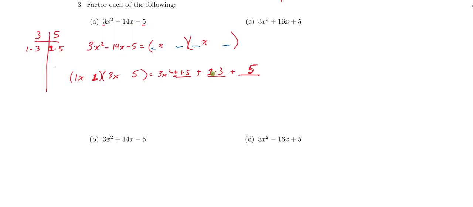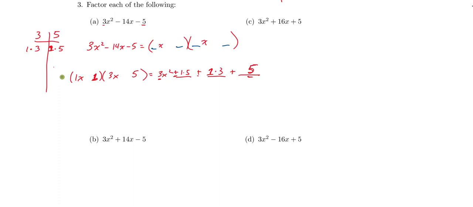If I add or subtract them together, I'll either get 8 or I'll get 2, neither of which gives me 14. So even though in this test I got the correct first term and the correct last term, I did not get the correct middle term by combining those outer and inner terms. And so that combination was wrong.